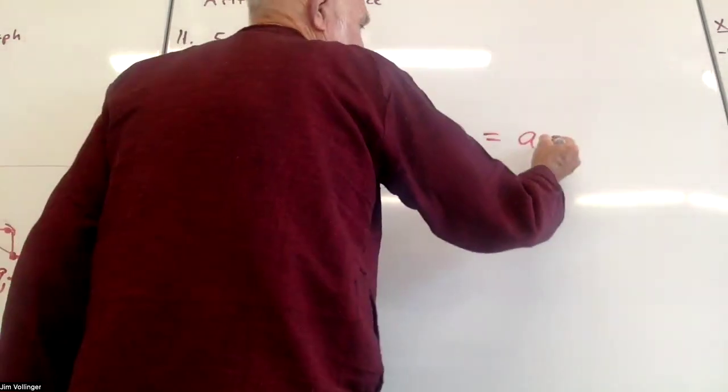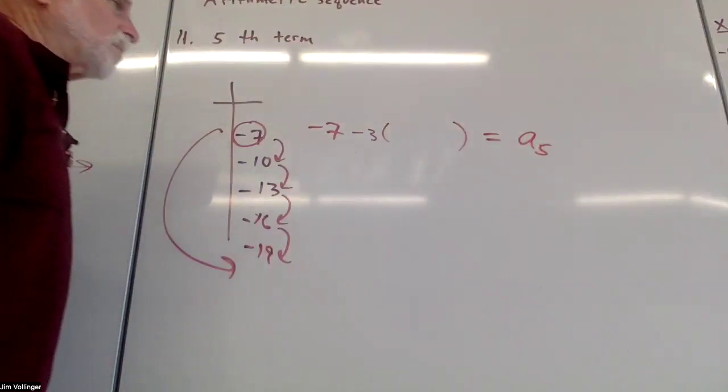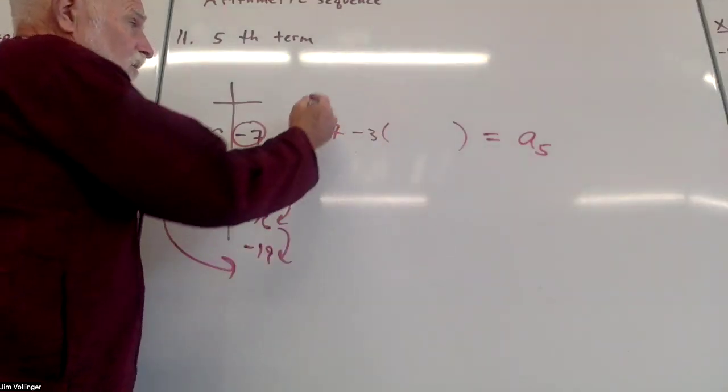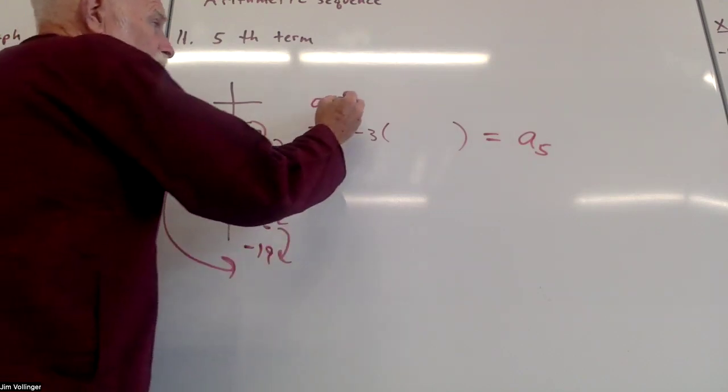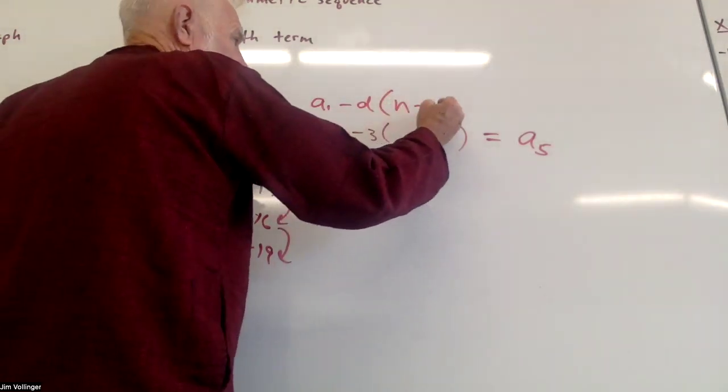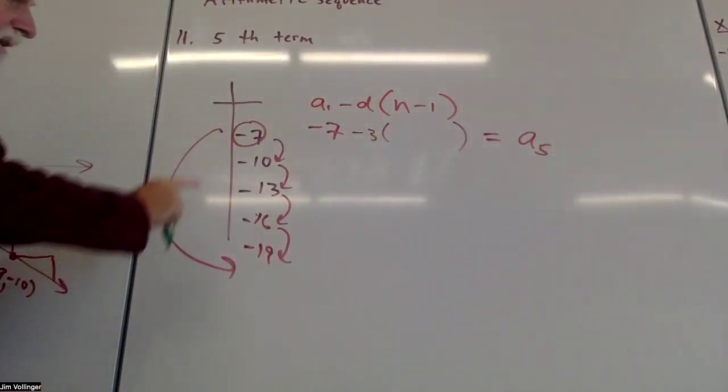If I'm looking for, that's how it's usually written in the textbooks. If I'm looking for the 5th term, then I'm starting with the 1st term, and I'm using that common difference times the number of terms -1, because that's my 1st term.